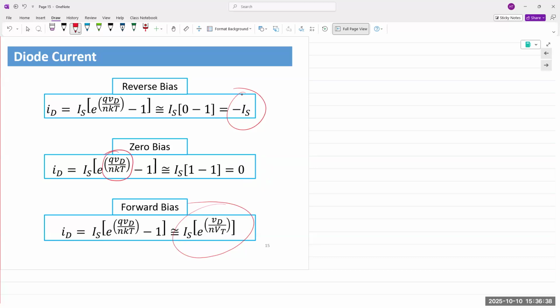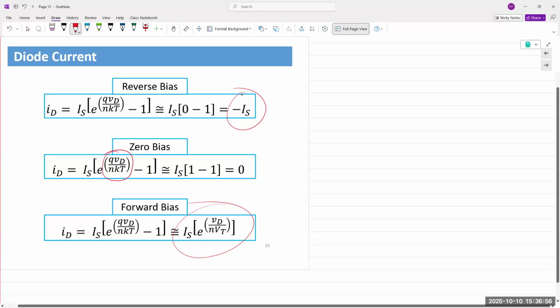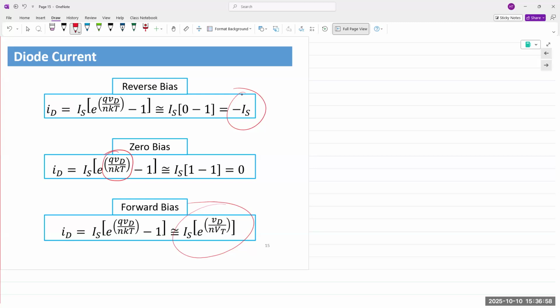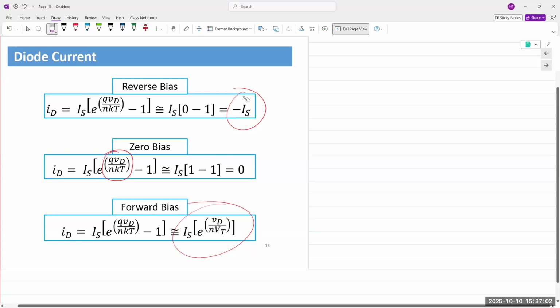It goes to 0. So 1 minus 1 equals 0. This is the instance where we do not neglect that minus 1. If we neglect the minus 1, then our answer would be incorrect. So zero bias, zero current.